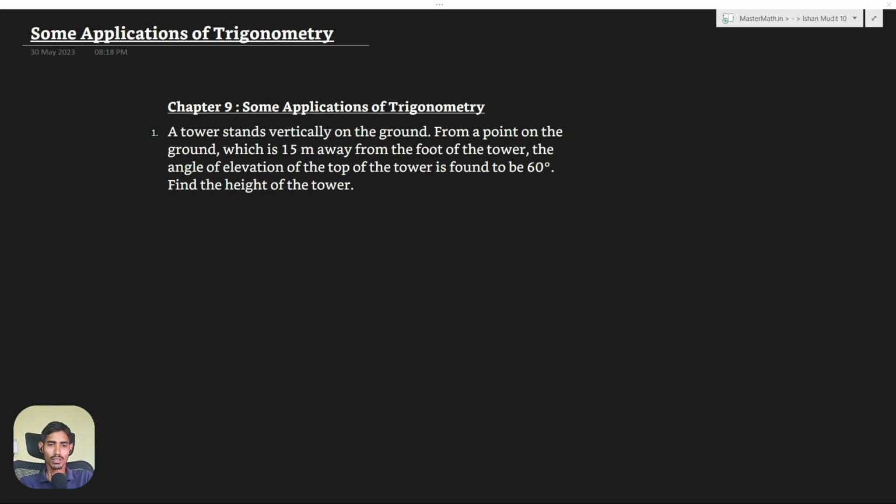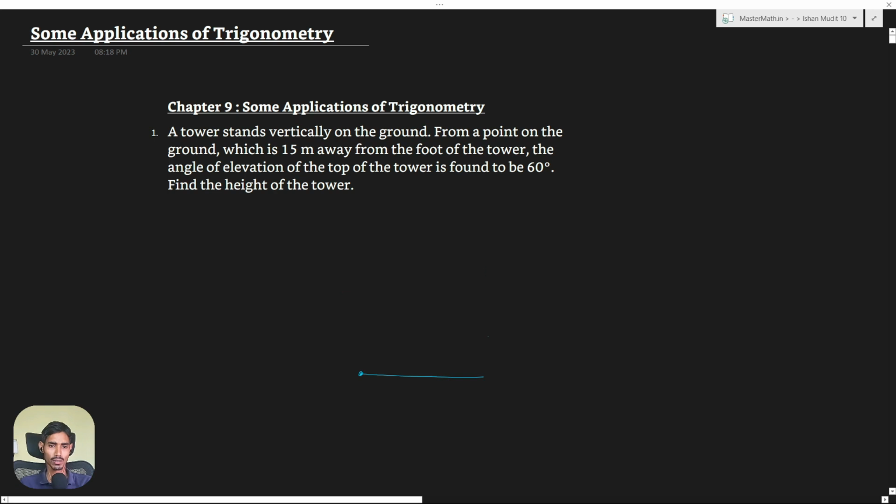A tower stands vertically on the ground. From a point on the ground which is 15 meters away from the foot of the tower, the angle of elevation of the top of the tower is found to be 60 degrees. So we'll start from the point on the ground, 15 meters away from the foot of the tower.